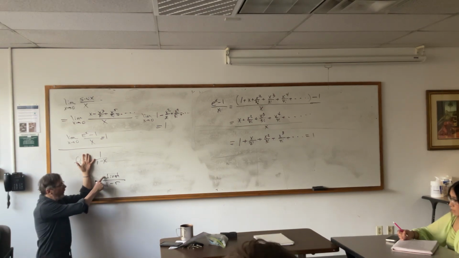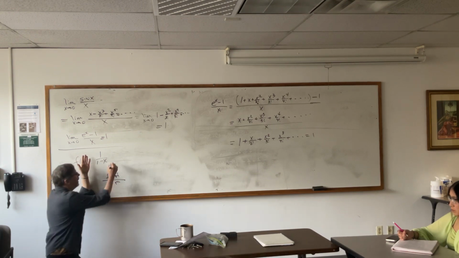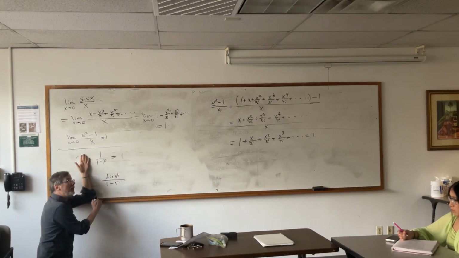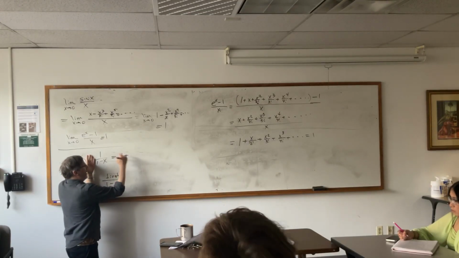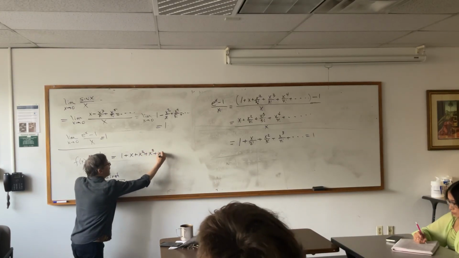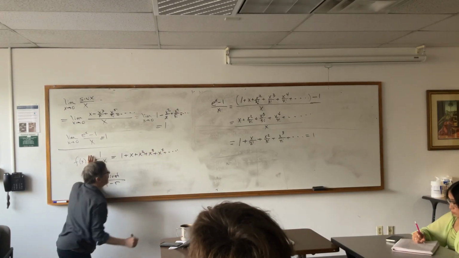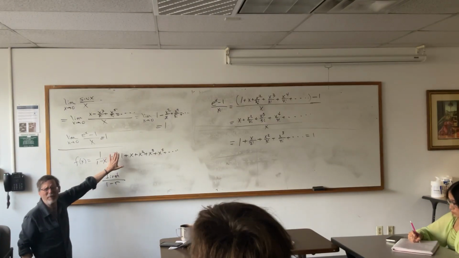That's the formula: first term over 1 minus the common ratio. So my first term here is 1. My common ratio is x. So just multiply by x each time. There's a geometric series, right? If I showed you this and said, what kind of series is that? I hope you'd say geometric.